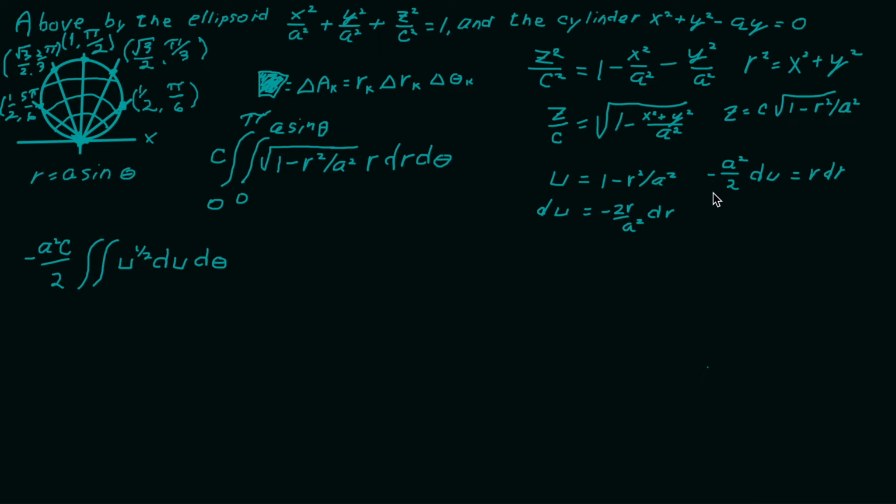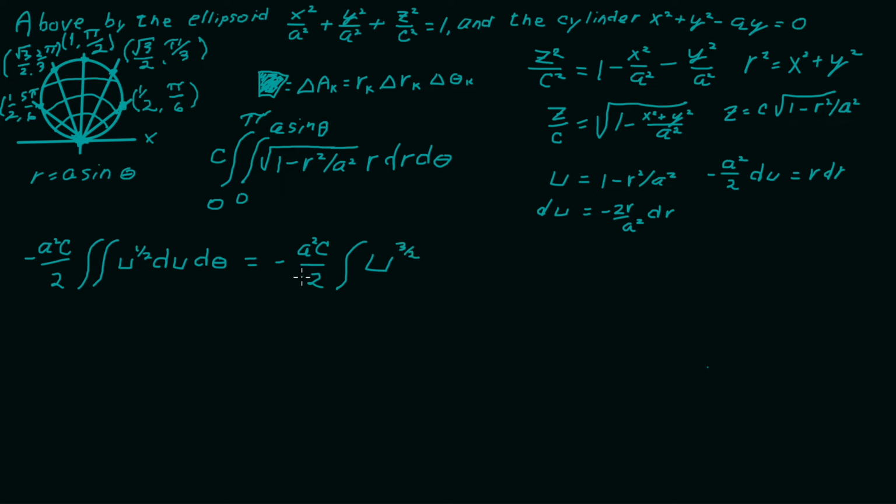The a squared over 2 is constant, so we'll move that outside of the integral signs along with the c. And we end up with this that we can now solve for u. u will become 1/2 plus 1, which is 3/2.